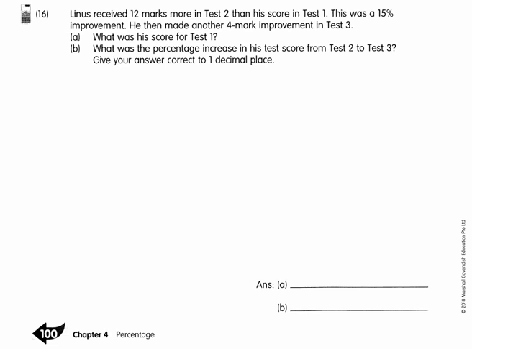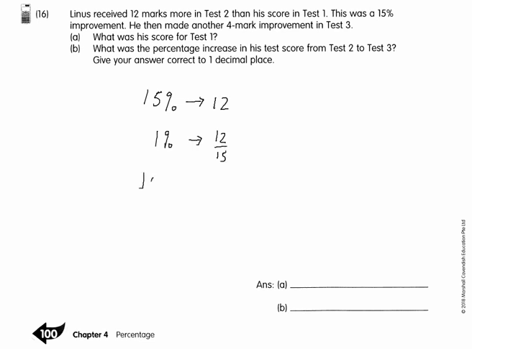He then made another 4-mark improvement in test 3. What was his score for test 1? So you know that the 15% results in 12 marks more, yes or no? So I want to know his score for test 1. First of all, I must find 1%, which is 12 over 15.